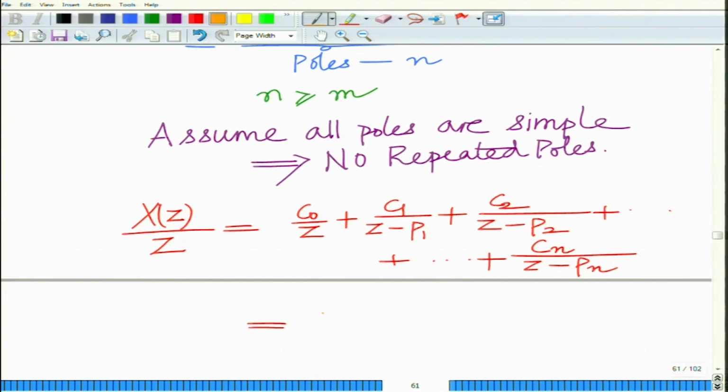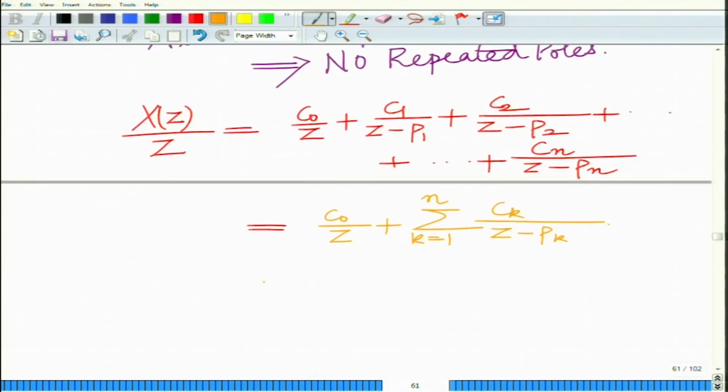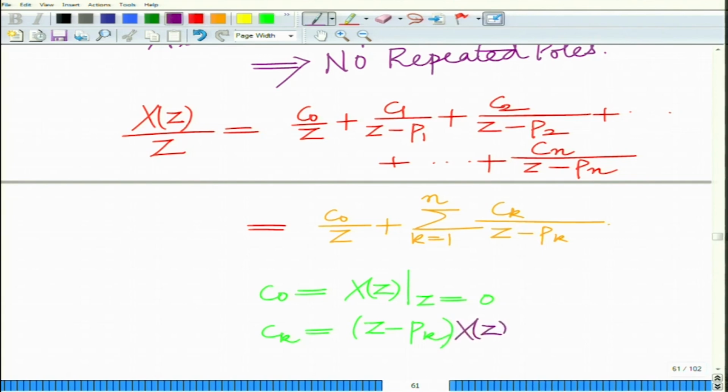This can be simplified as C0 over z plus the summation k equals 1 to n of Ck over (z minus pk), where the coefficient C0 is found by simply evaluating X(z) at z equal to 0, and Ck is given as (z minus pk) times X(z) evaluated at z equals pk.